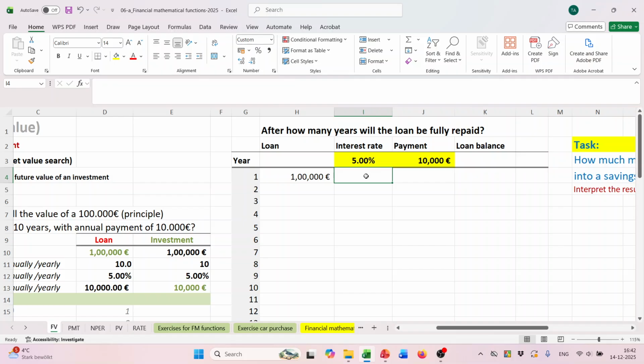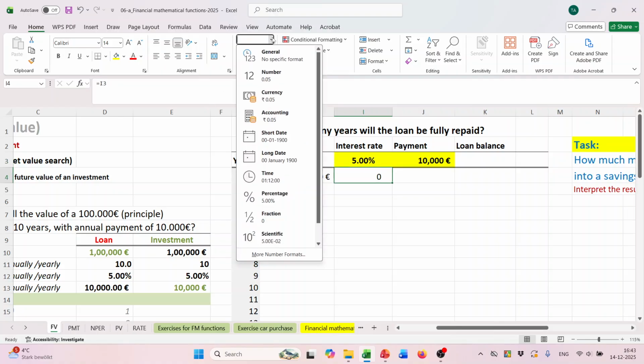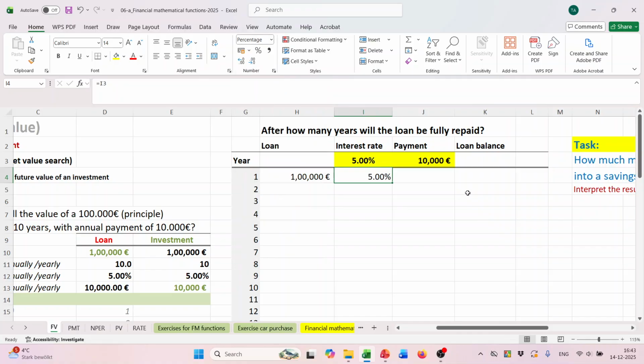It is given here, we are taking a 5% interest rate. Then the payment: the farmer pays 10,000 euro every year, so the payment should be 10,000 euro.